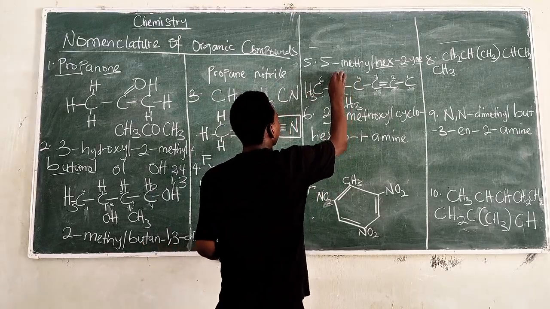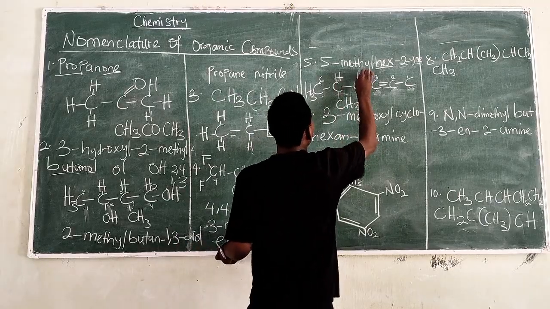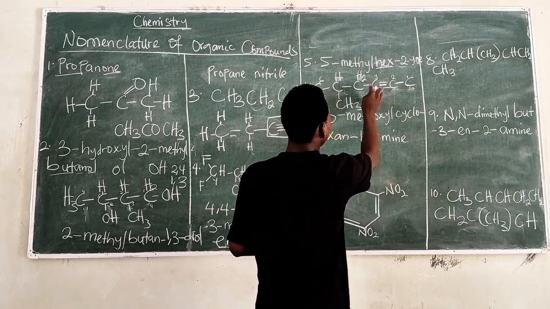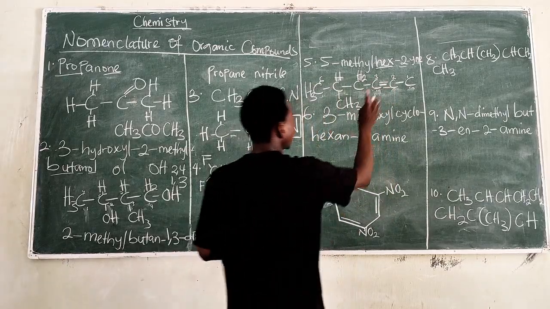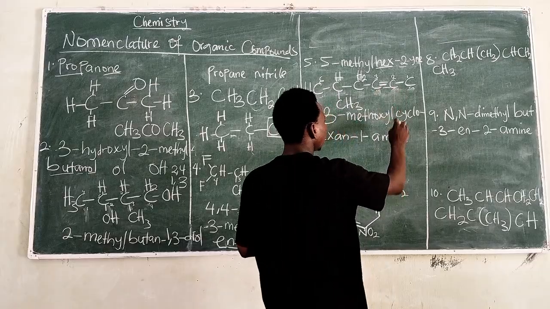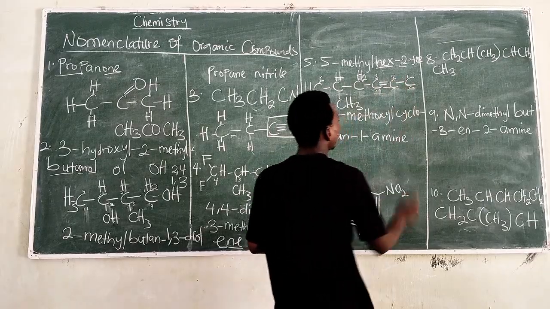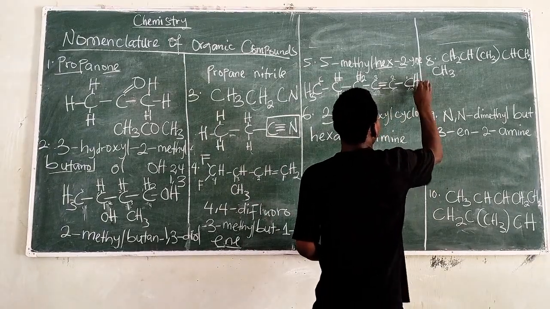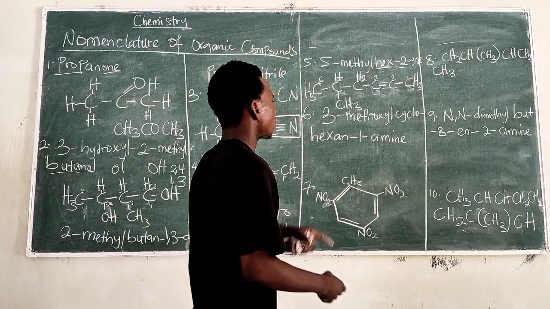This has 3, it needs 1. This has 2, you need 2 more hydrogens to complete it. This is complete because it has 1, 2, 3, 4. It's also complete because it has 1, 2, 3, and 4. And then this particular carbon has just 1, so it needs 3 more hydrogens to complete its shell. So that's all for number 5.